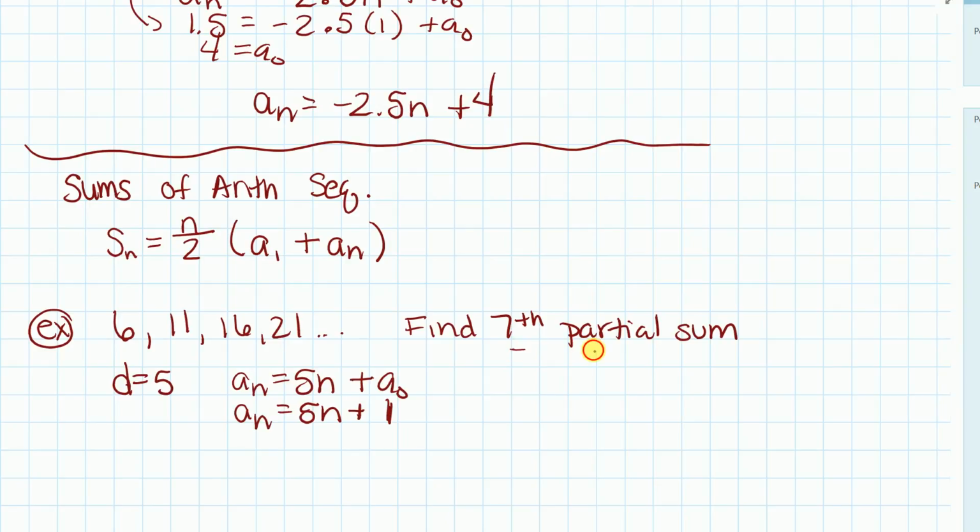So we're finding the 7th partial sum. To get the 7th partial sum, we know we're adding 7 numbers. We divide that by 2, so that's just the equation I'm using from above. And then the first term in the pattern is 6. And then I need the 7th term, so my a sub 7.